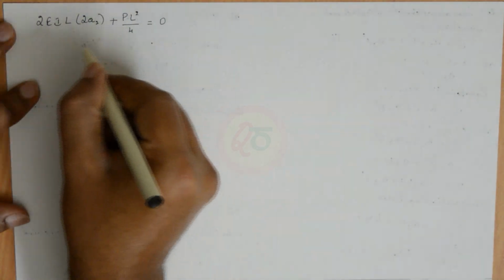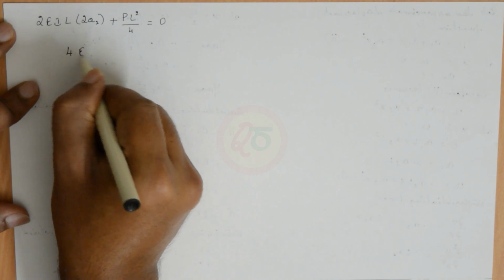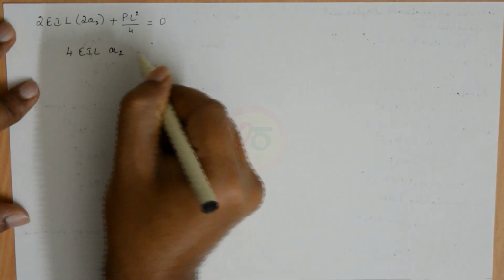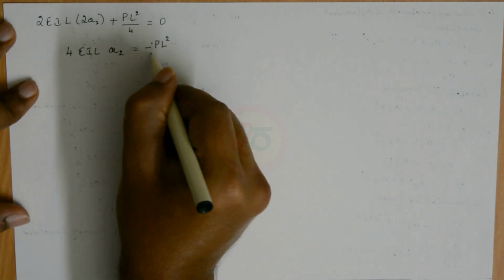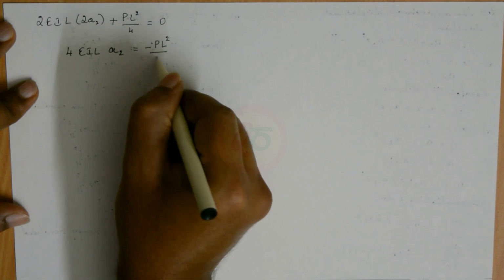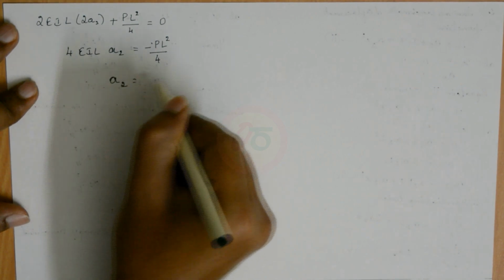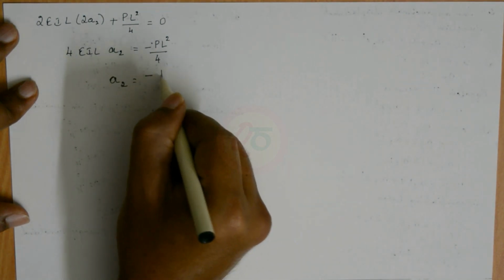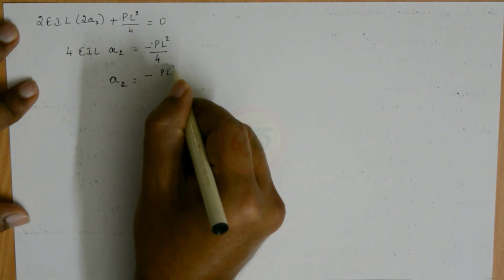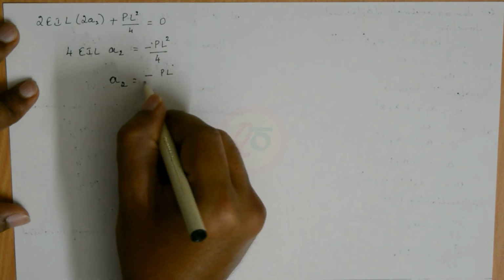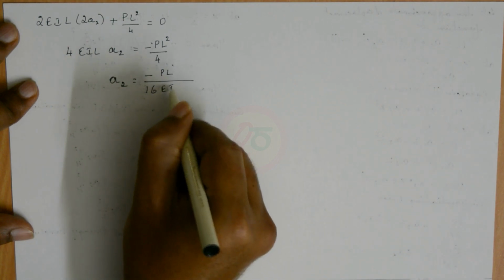So now this will be 4 EI L a2 is equal to minus P L square by 4, or a2 will take a value minus P L square divided by 4 into 4 EI L, which is minus PL by 16 EI.